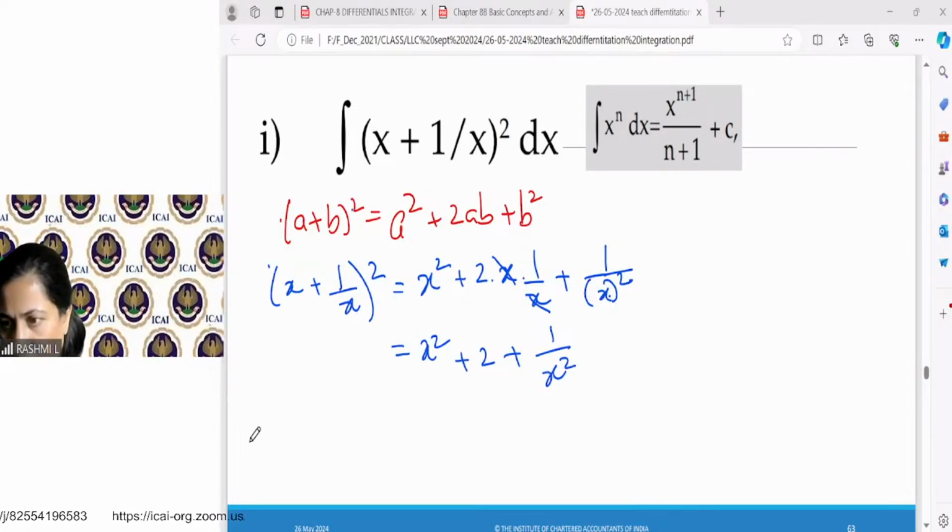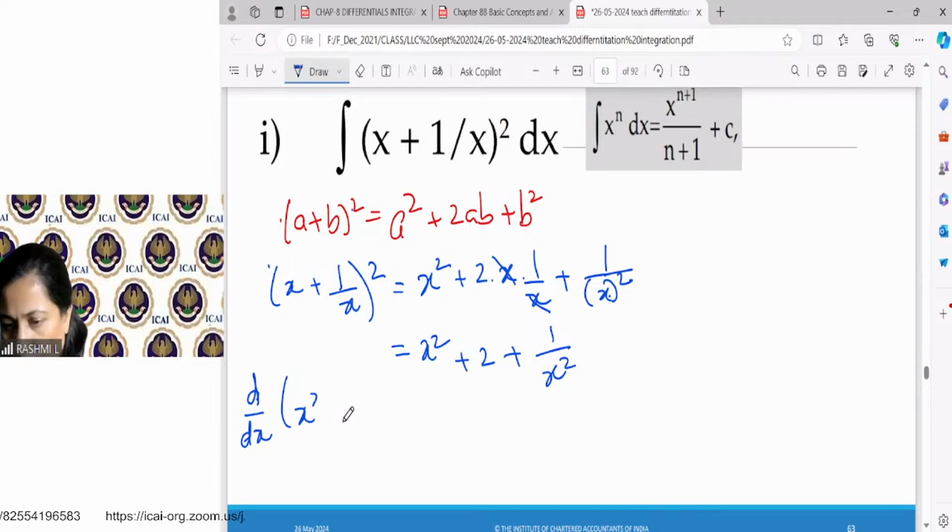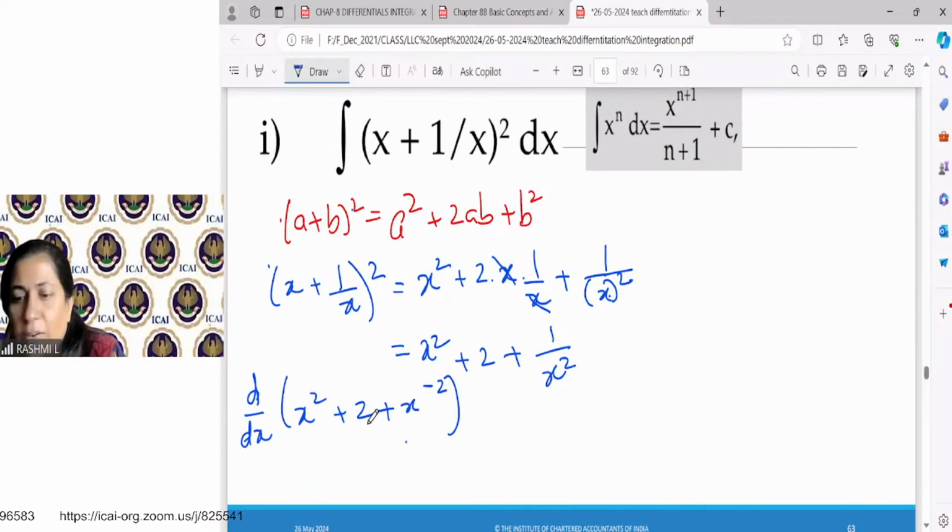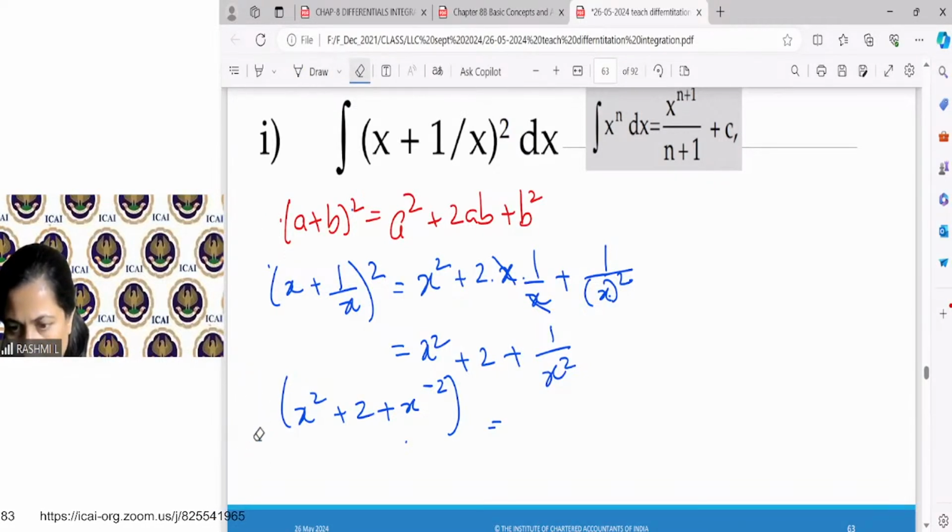So 1 upon x square can be written as x raised to minus 2, that becomes easier for us. We are finding the integration, right? So the integral of this dx: what is the integral of x raised to 2?